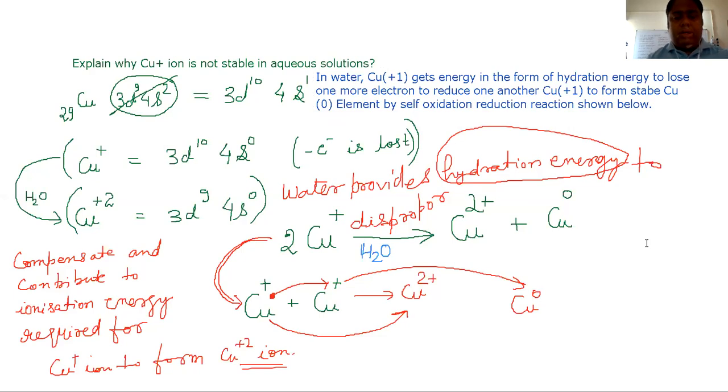Now let us go to the next question. What is meant by disproportionation reaction? Give an example. We had seen how manganate ion, potassium manganate, converted itself into potassium permanganate.